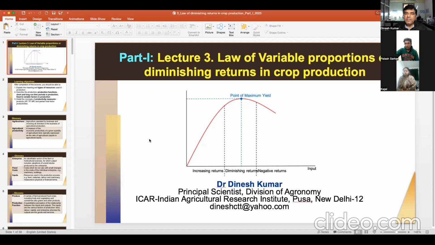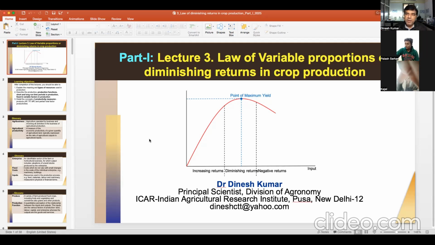There are 3 phases in the law of variable proportion. In stage 1, increasing return, stage 2, decreasing return, and stage 3, negative returns or diminishing return. So it is only stage 3 which covers the law of diminishing return. However, law of variable proportion covers all the 3 stages.